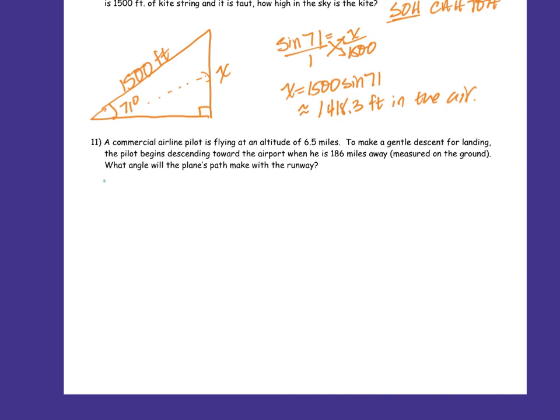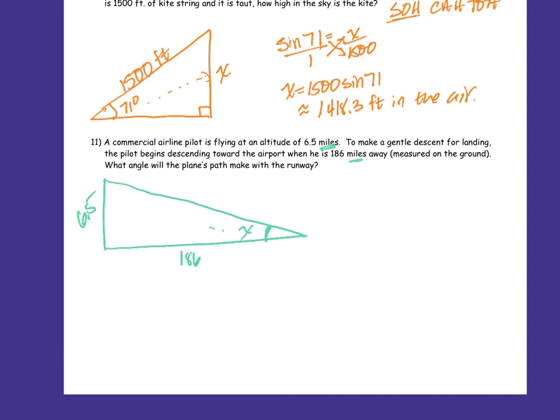Okay, so he is 6.5 miles into the air. And on this one, I have to be careful. This is in miles, and this is in miles, so I'm okay. 186 miles away. And it wants to know the path the plane will make with the runway. So it wants to know that angle, and I'm just going to call it x.